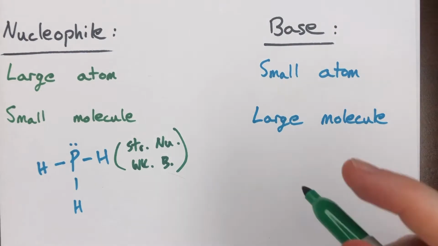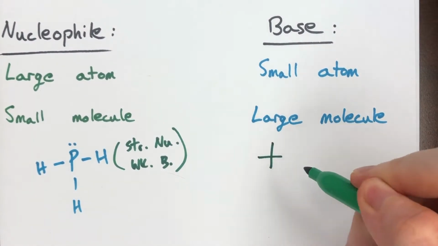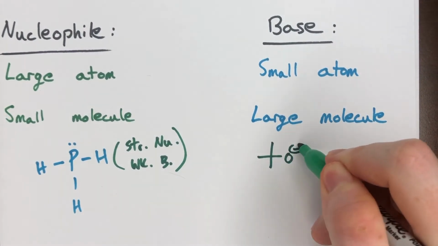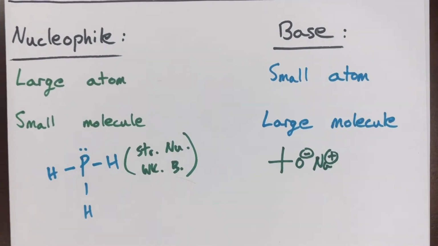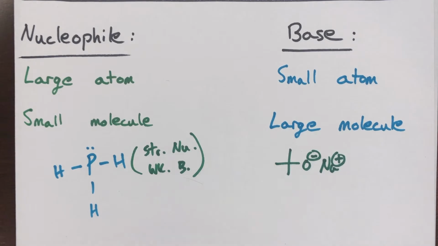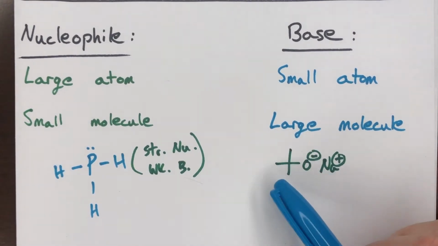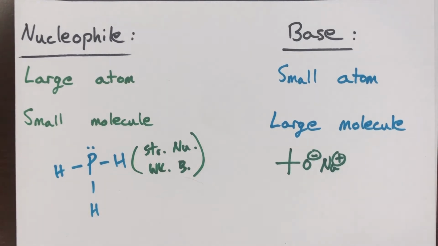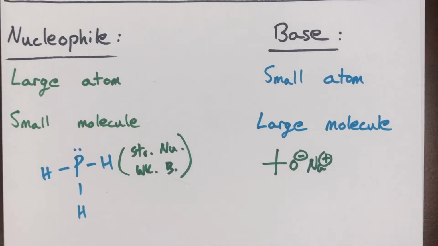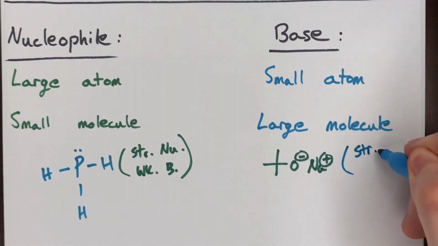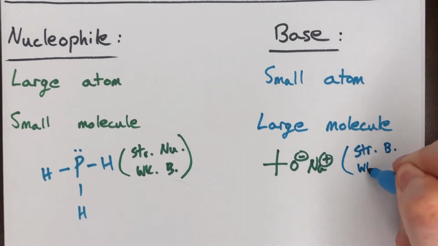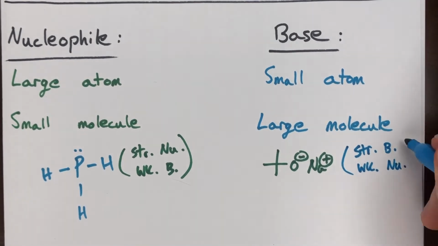So this is why t-butoxide is usually the first example given, because the reactive center is the oxygen. This is in the 2nd row. This is a small atom, but the molecule is very large because of all these methyl groups. This t-butyl group makes it very bulky, makes it difficult to function as a nucleophile, so therefore it will be a base. So this now would be a strong base and a weak nucleophile, right?